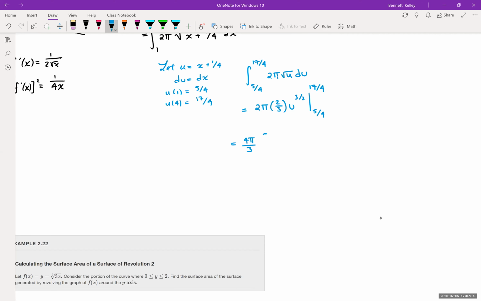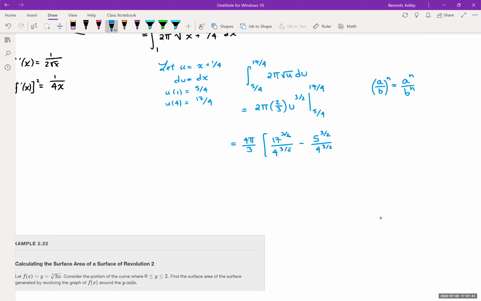And then just really quickly, a over b to the n. I'm sure everyone knows this already, but a to the n over b to the n. So I'm going to get 17 to the 3/2 over 4 to the 3/2 minus 5 to the 3/2 over 4 to the 3/2.